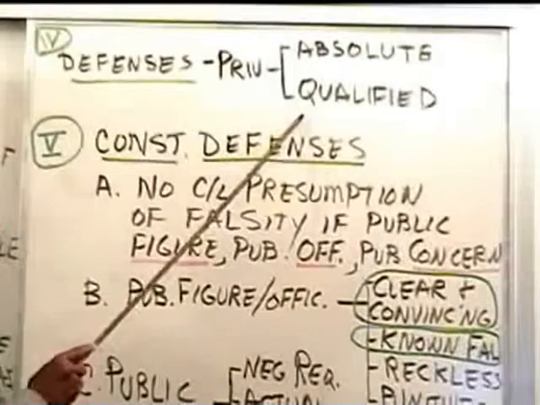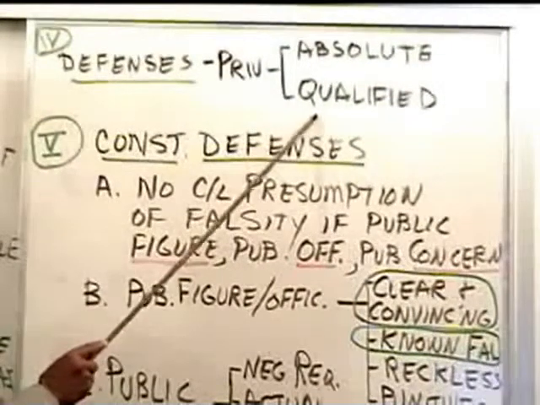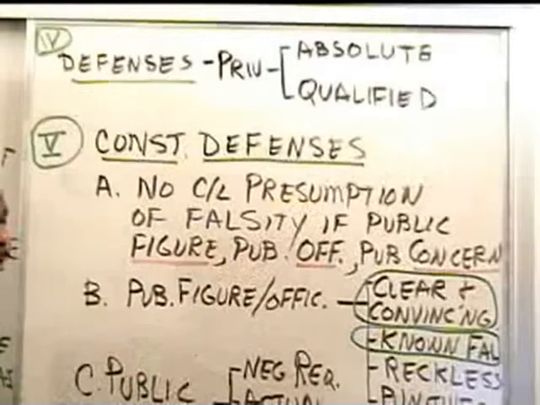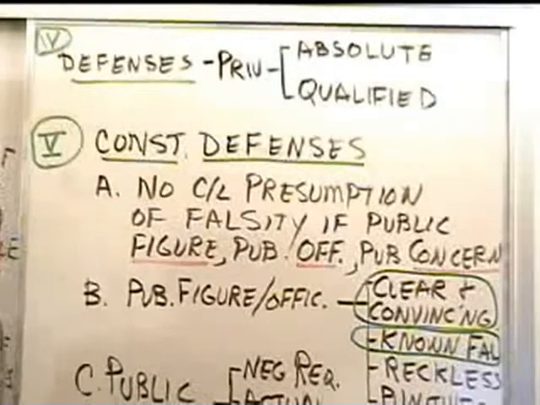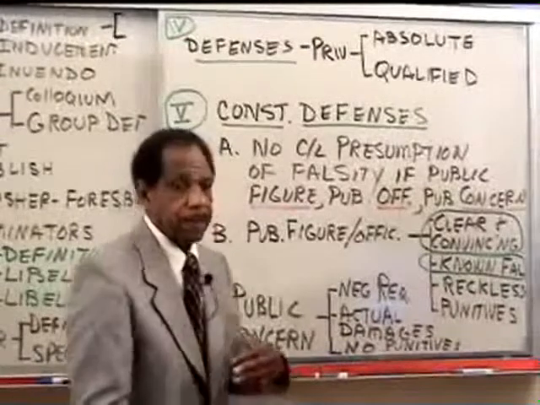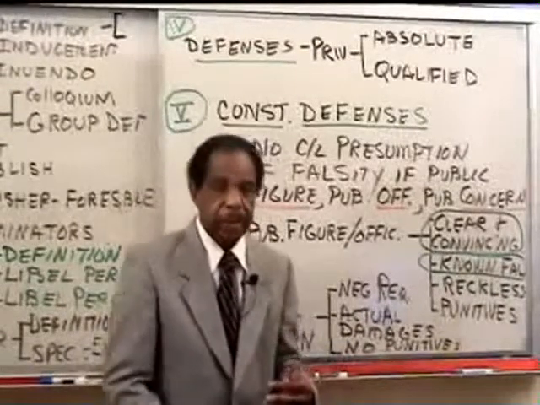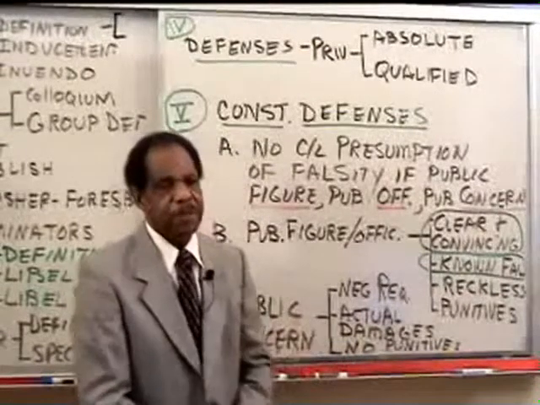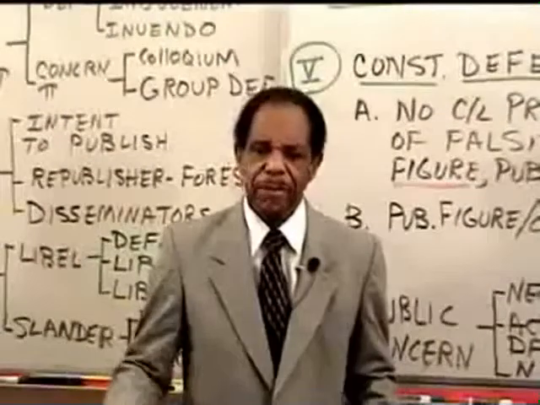Then finally come the qualified privileges. These are the cases where you think that a professor in law school is giving grades for sex, and you publish that in the newspaper. Well, that is going too far.